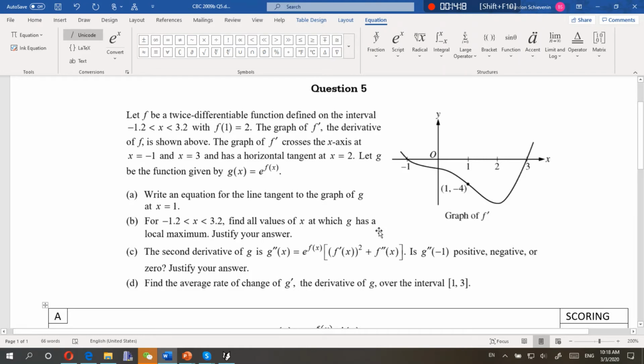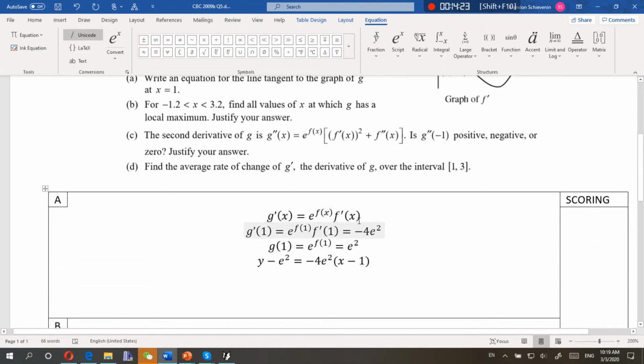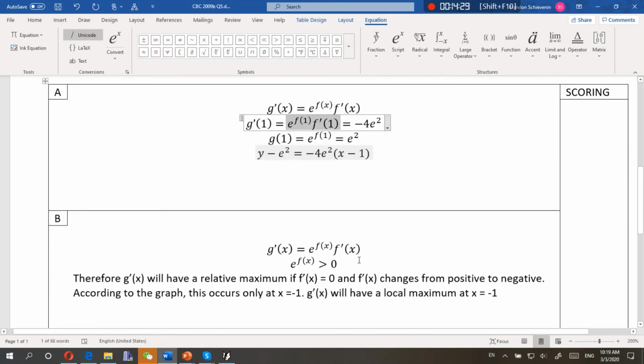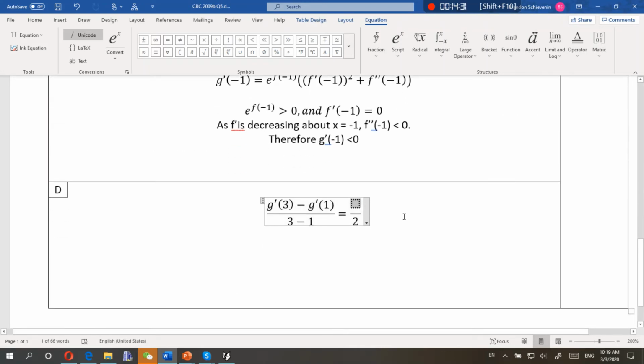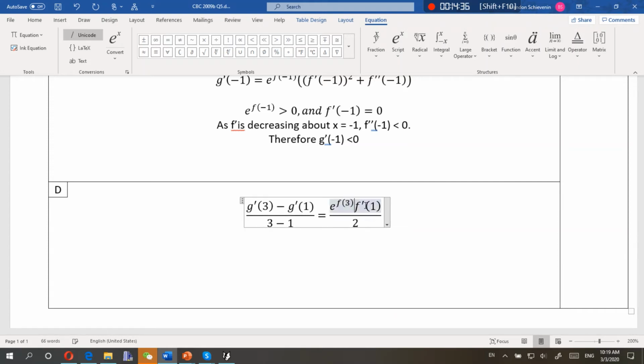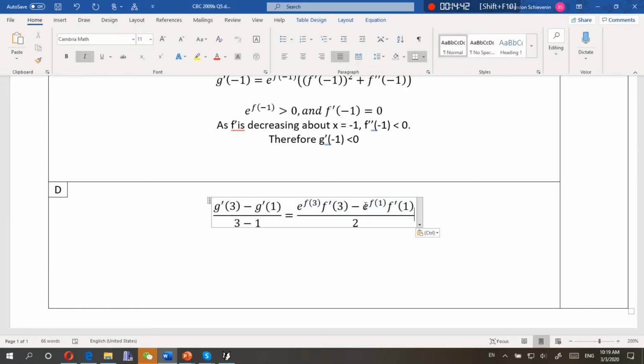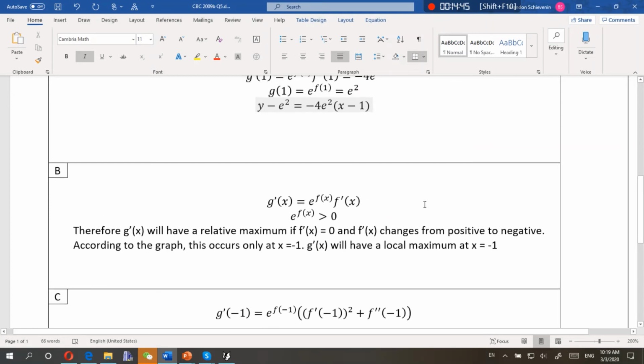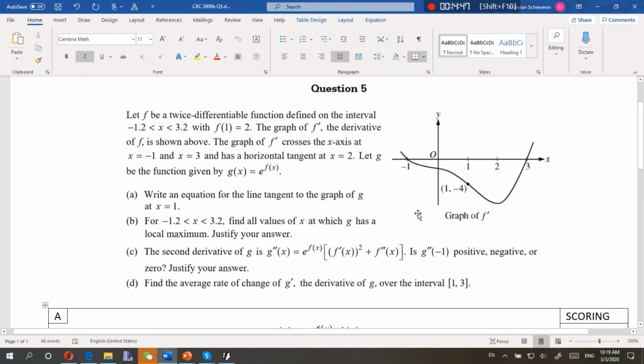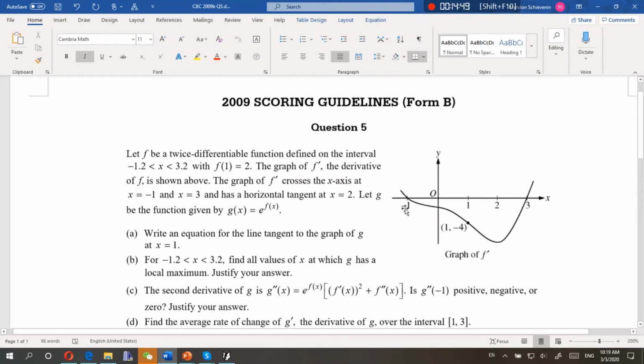And then we know the equation from above. So g prime x is, yeah. And then we already know g prime 1. So we have to find g prime 3. So we need f of 3 and we need f prime 3 for this.